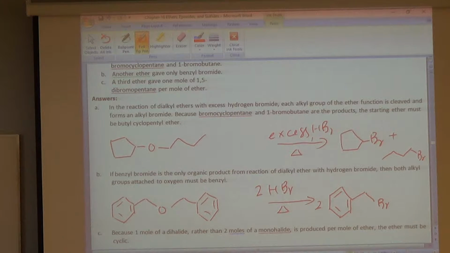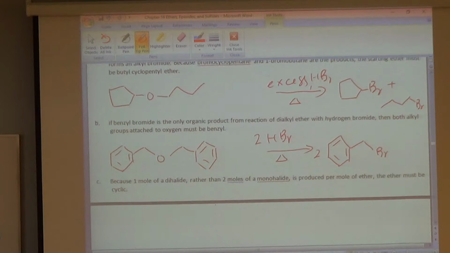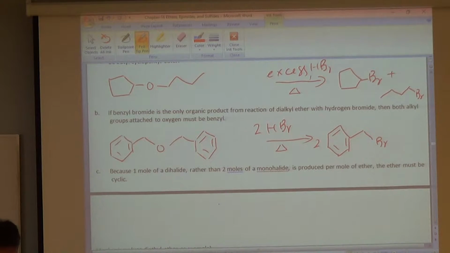So the product has a Br here and a Br here, this is 1,5-dibromopentane. It comes from the reaction of the ether with, let's say, 2 HBr.